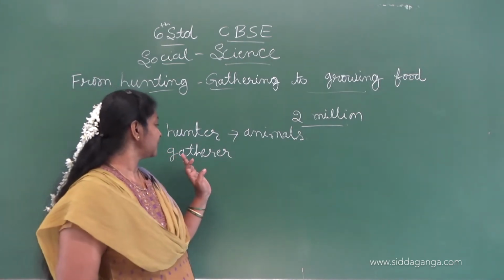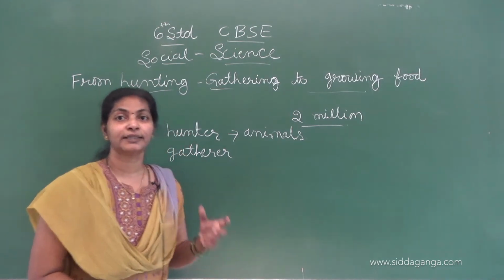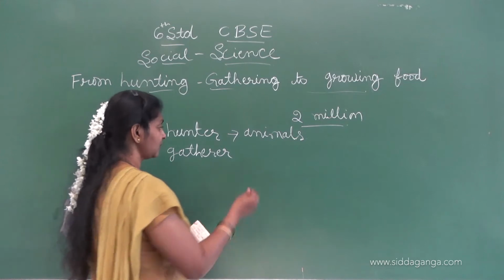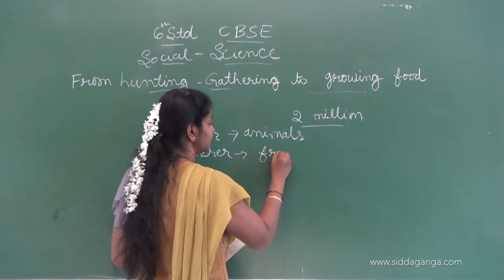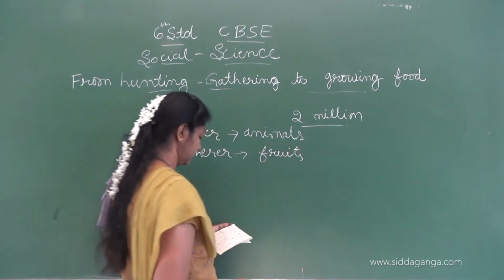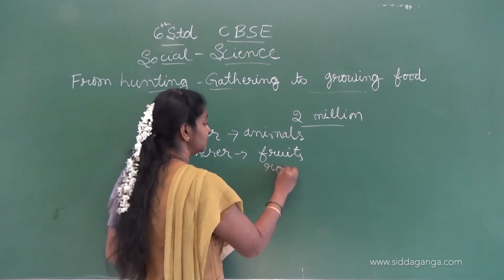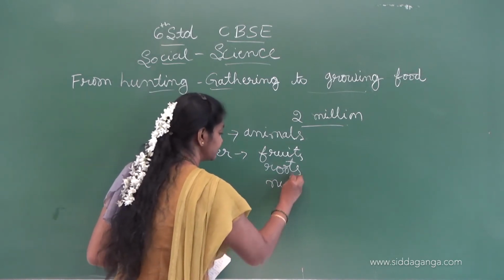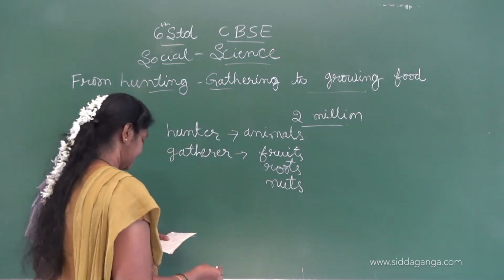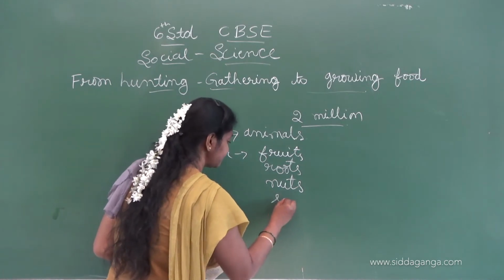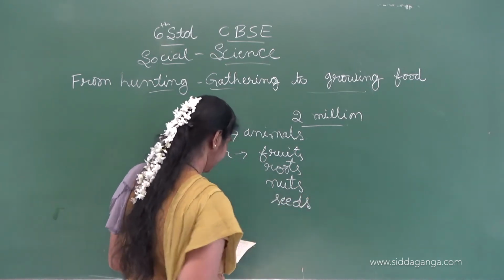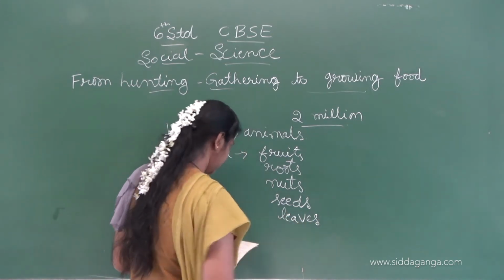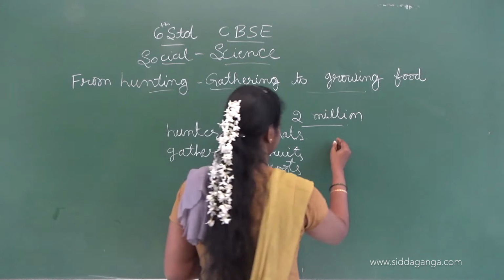But the gatherers gathered fruits, roots, nuts, seeds, leaves, stalks and eggs.